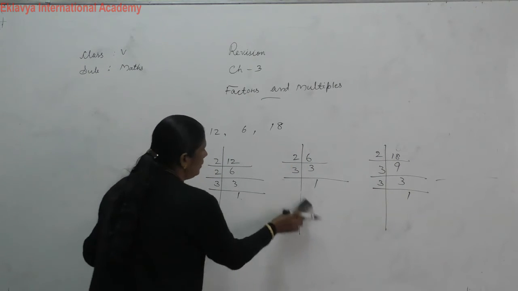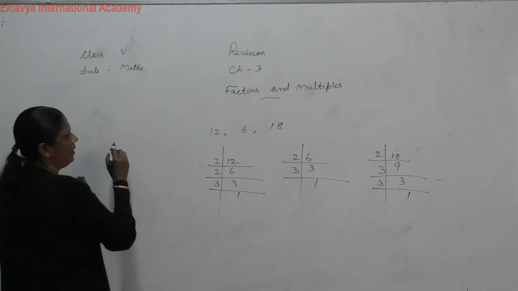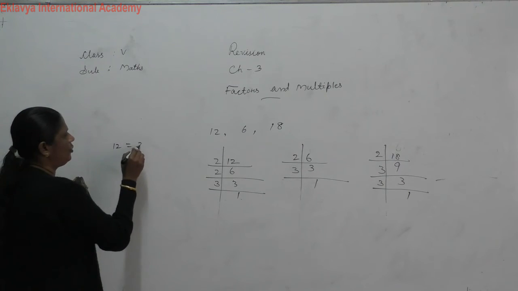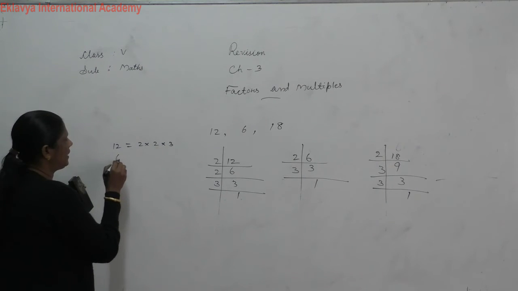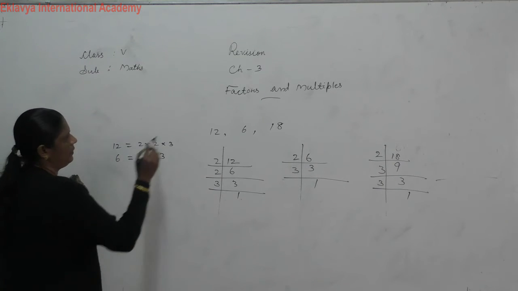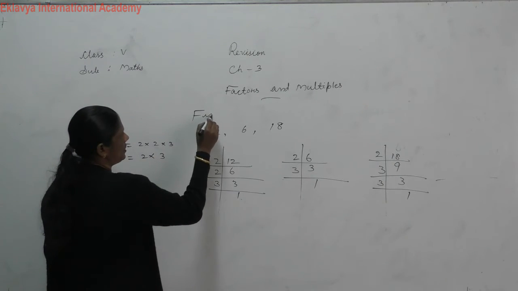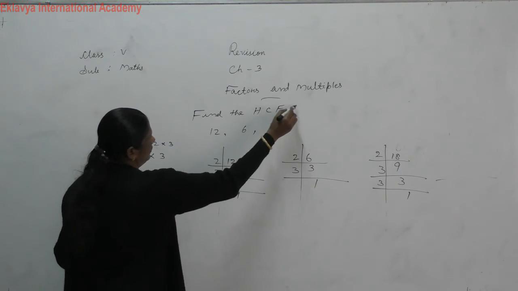Then you arrange this. 12 is equal to 2 into 2 into 3. Then 6 is equal to 2 into 3. Write the question, find the HCF of these.